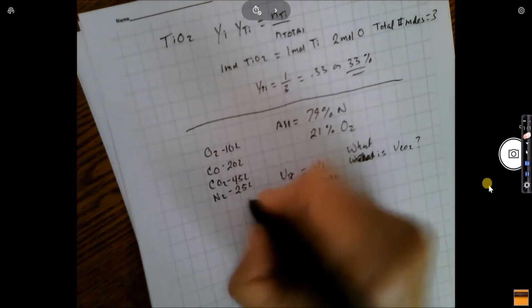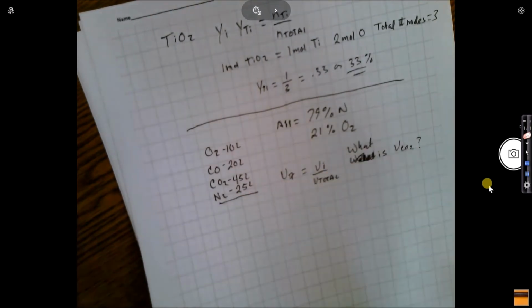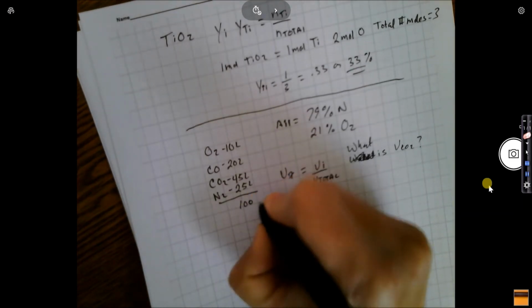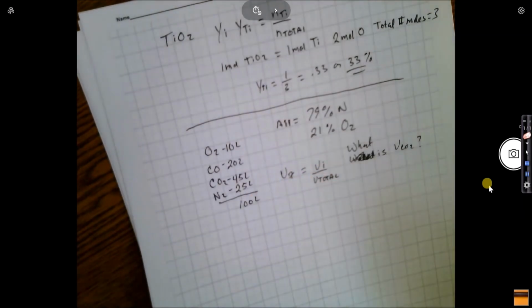So first, we got to tabulate the total amount of liters in our exhaust gas. So we took a sampling, and this is what we got. So 10 plus 20 plus 45 plus 25. And that just happened to equal 100. I think subconsciously I did that, just to make the calculation easier.